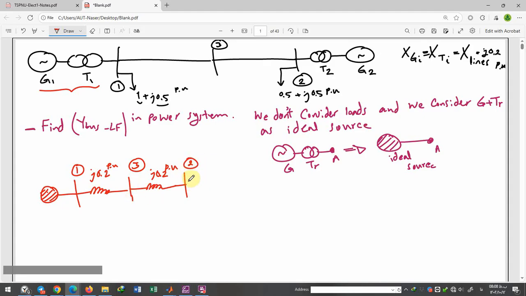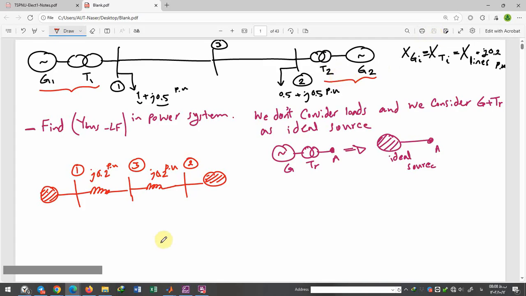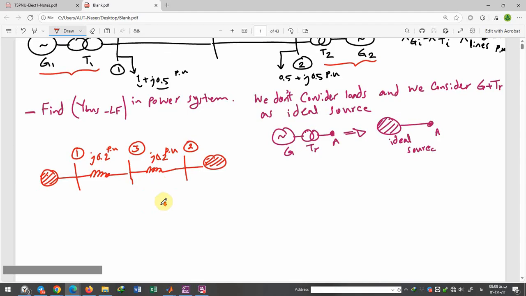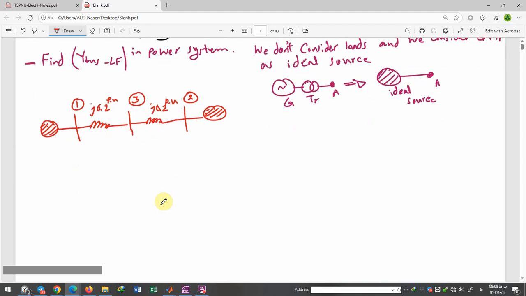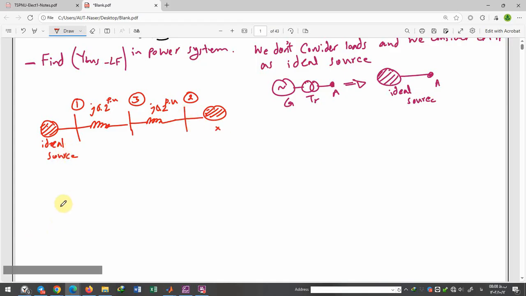After bus 2, we have an ideal source for modeling generator 2 and transformer 2, like these items.